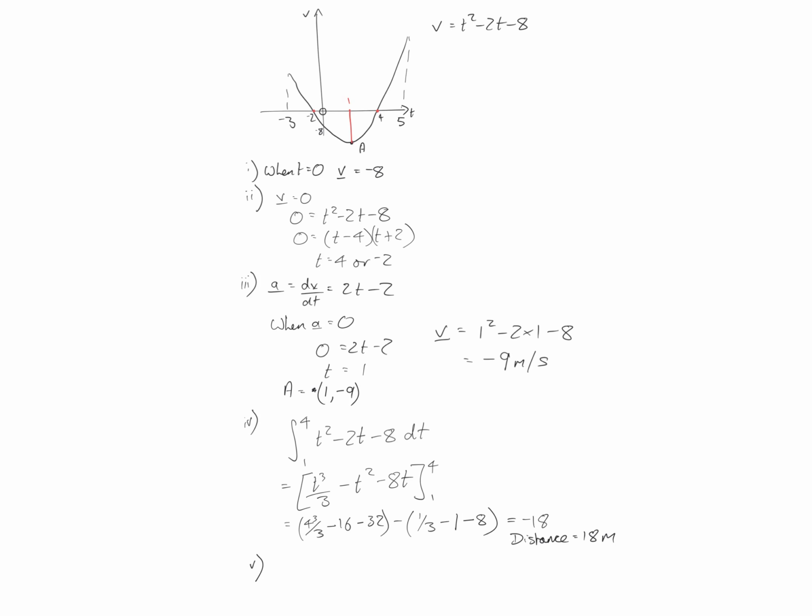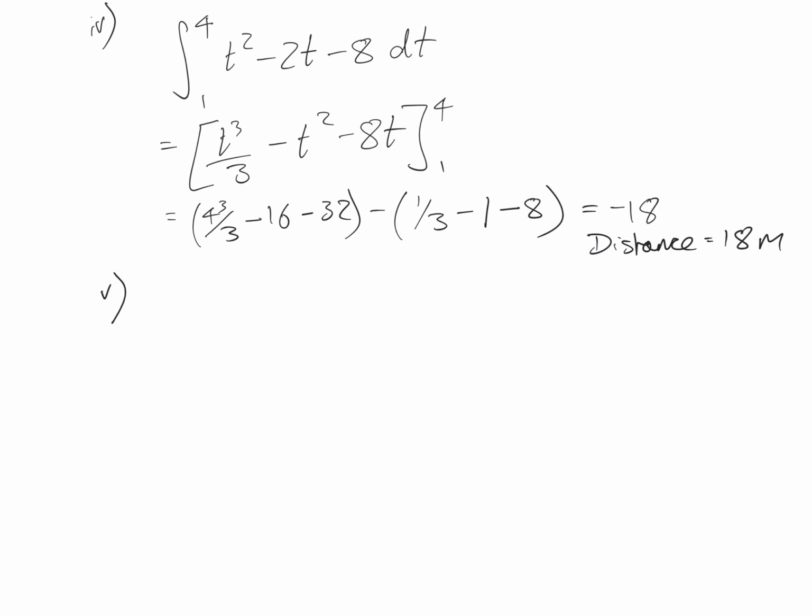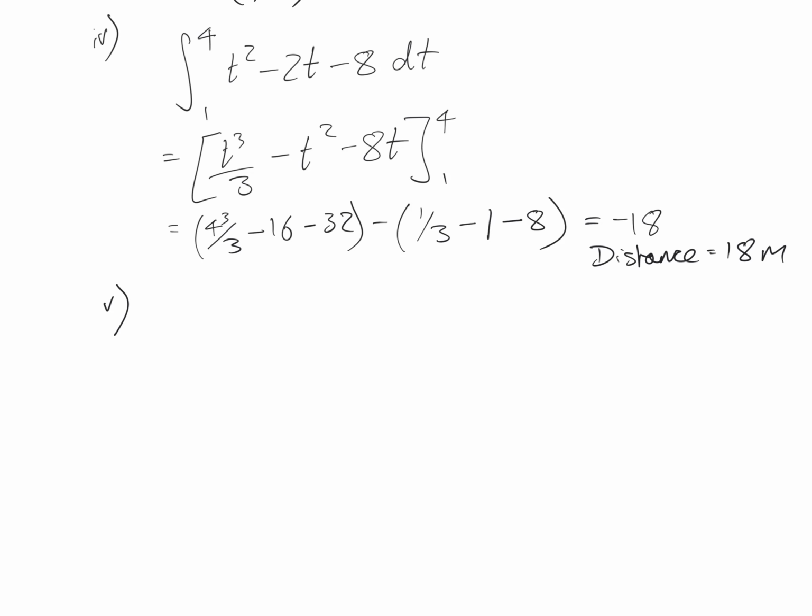They want minus 2 to 4. So we can be clever and see symmetry, or we can do the integration again. So let's be clever and say that that's the turning point. Quadratics are symmetrical, therefore our answer to this one is just going to be 2 times 18, which is 36 metres.